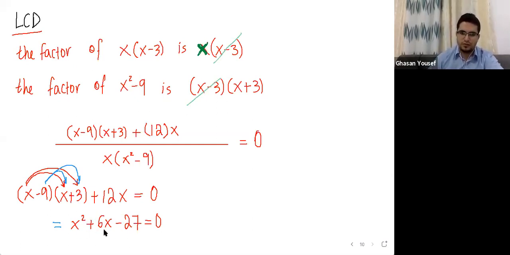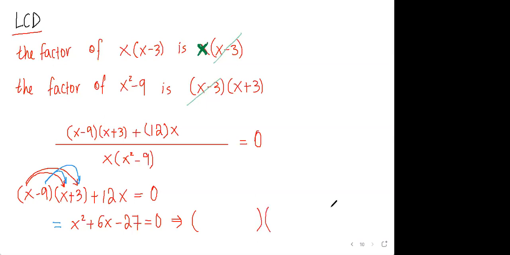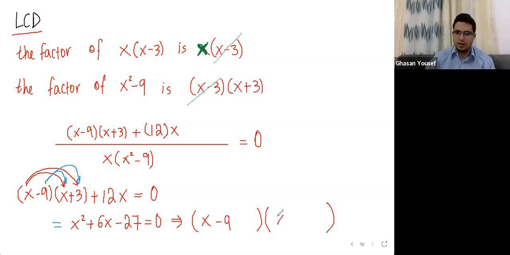What is the factor for x squared plus 6x minus 27? I'm looking for two numbers whose multiplication is minus 27 and whose sum is 6. Plus 9 and minus 3. Exactly: (x minus 9) times (x plus 3) equals 0.